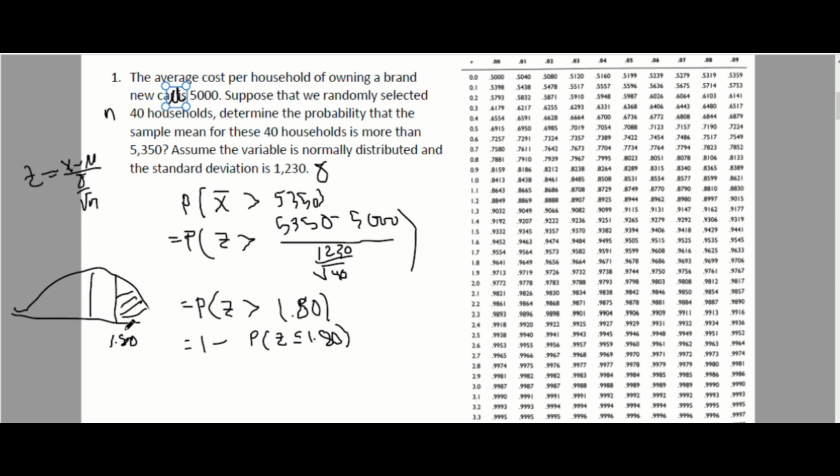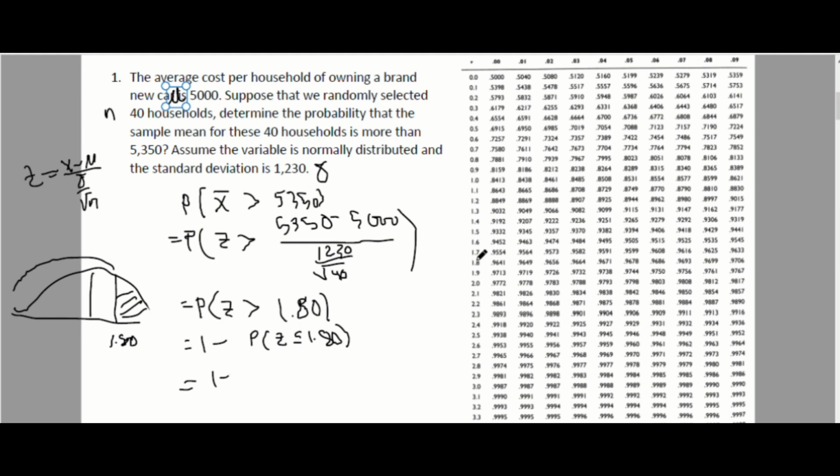In order for us to get this area, we will subtract the probability of z less than 1.8 from 1. Again, our table is the area from the left, not from the middle. So that's why we have this strategy.